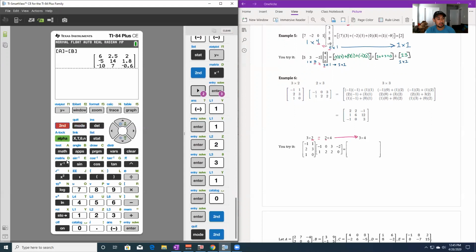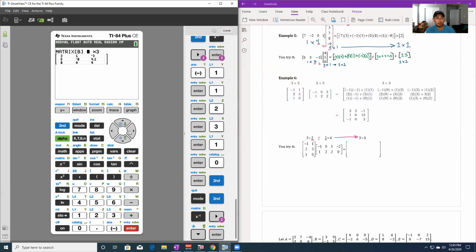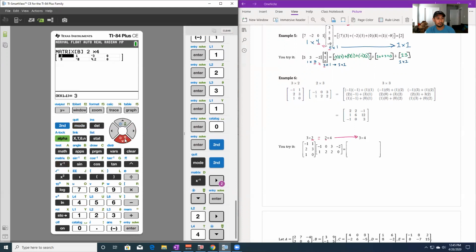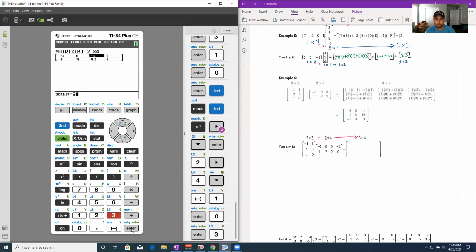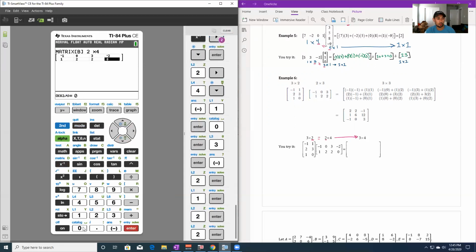Second, quit, second matrix. Edit the next one. This is a 2x4. And you get -1, 0, 3, -2, 1, 2, 2, 0.